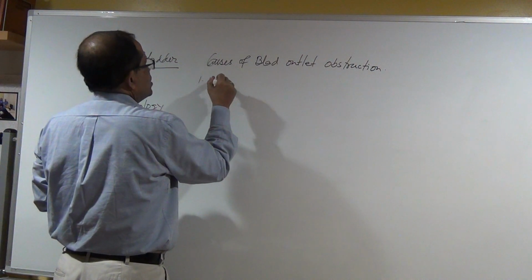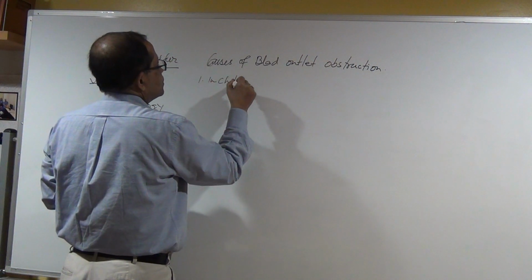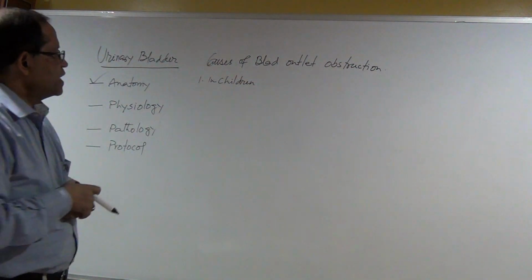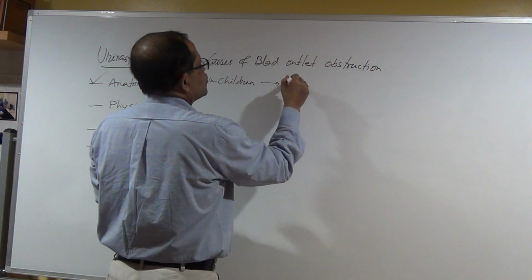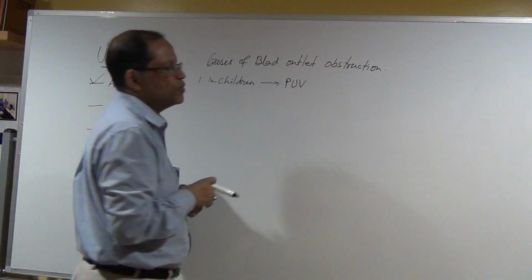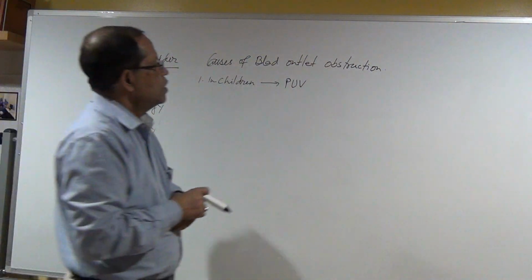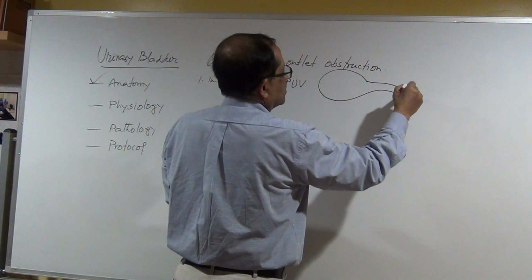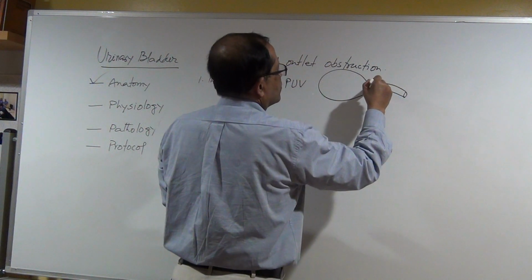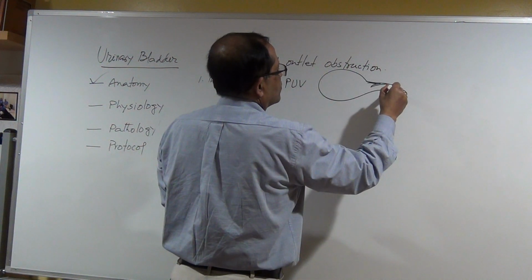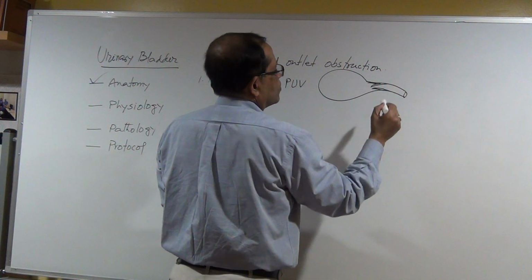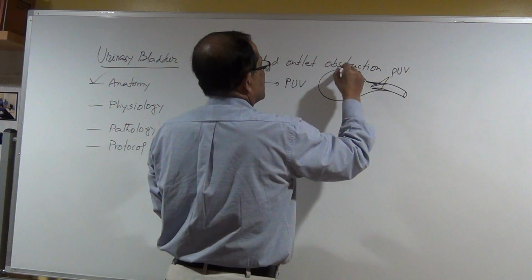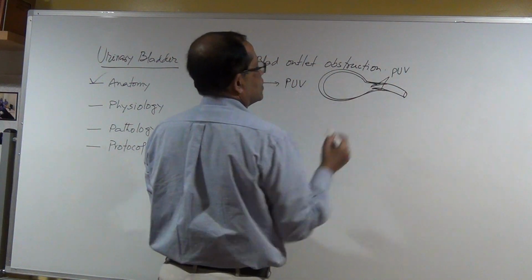Number 1, in children: posterior urethral valve, PUV. What is posterior urethral valve? See, this is PUV. This is the bladder.